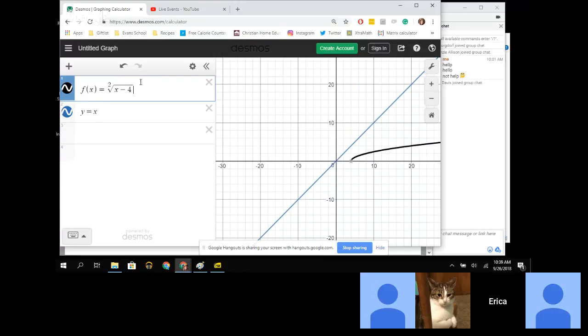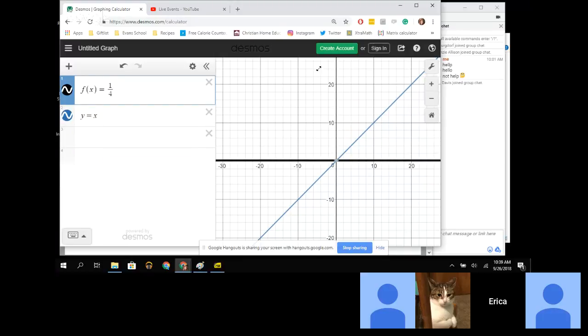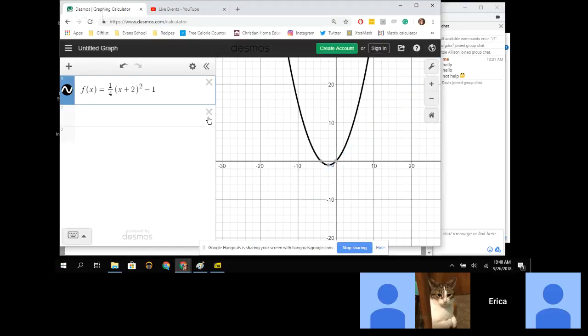Which is f of x equals, and this is going to test out your graphing skills, 1/4 (x plus 2) squared minus 1. Okay, so there's my parabola again, same as the other one, right?